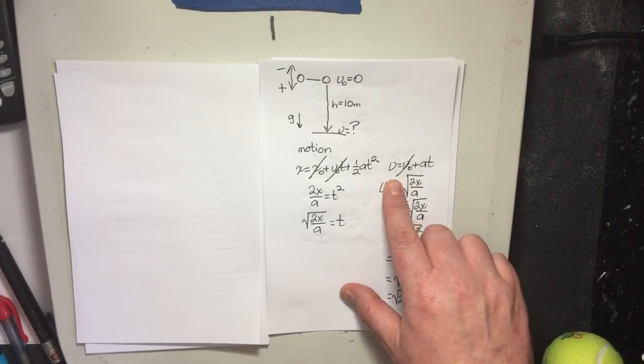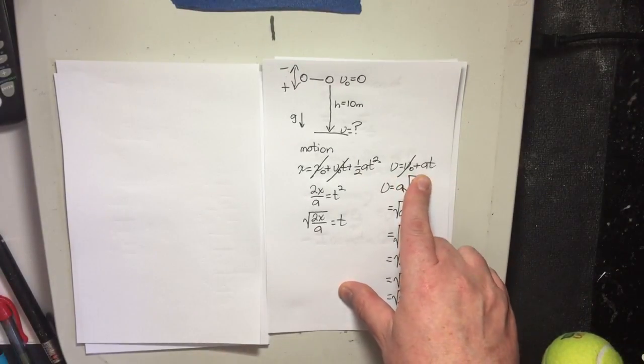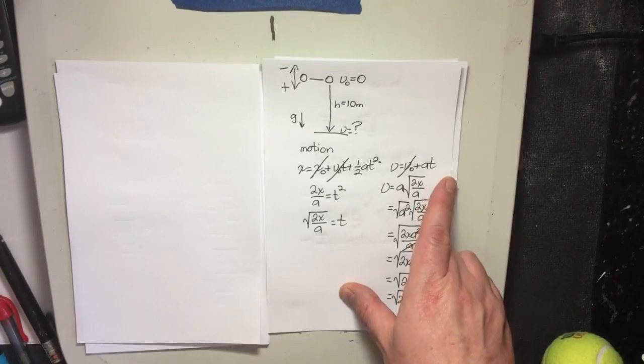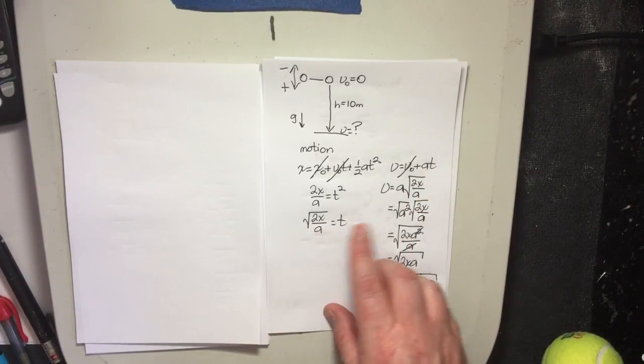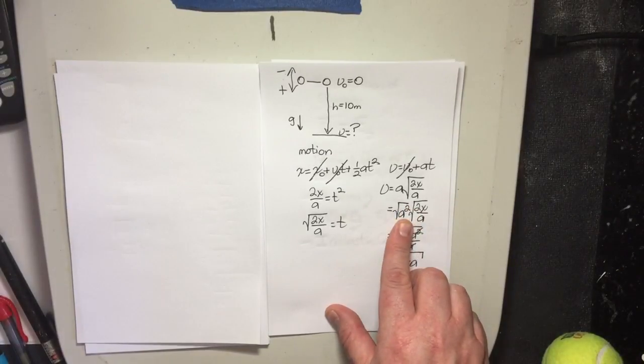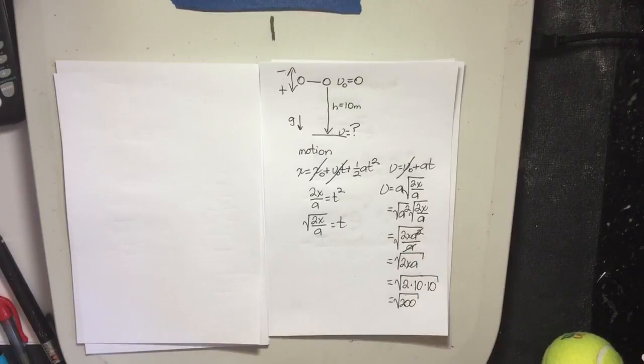Oh, this? This is the velocity equation of motion equation. T is the square root of 2x over a, and then I substitute. From there to there, a is the same as the square root of a squared. Because what's the square root of a squared?